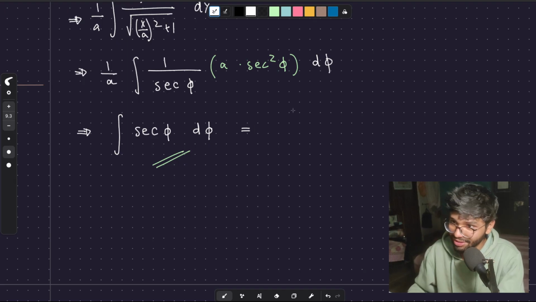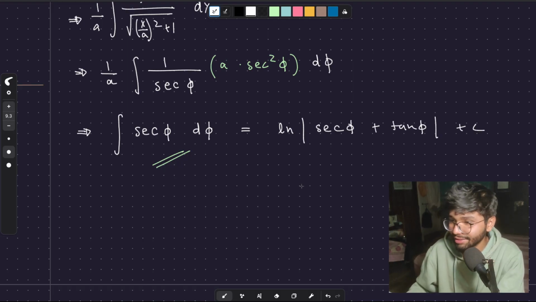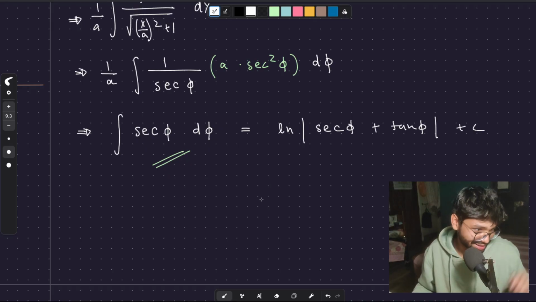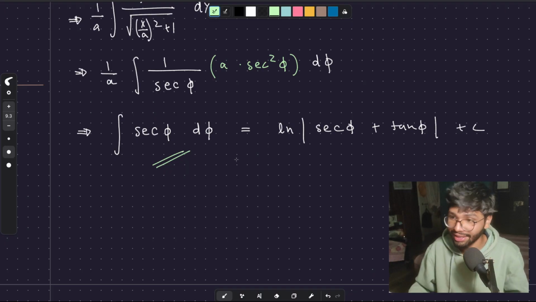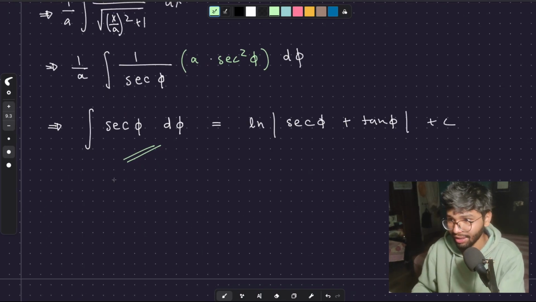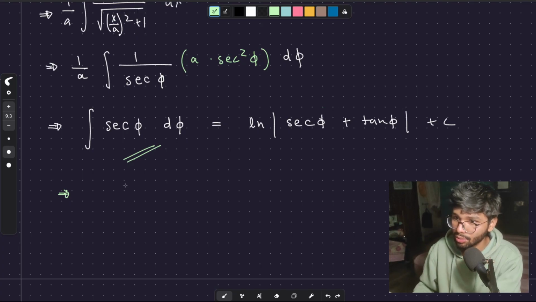Again, let me tell you, this is just going to be natural log of secant phi plus tangent of phi. That's it. This is it. Okay, this is just as simple as it goes. This is the integral of this integrand. Okay, so we can substitute it back for the secant and the tangent. We know what the secant and tangent are from the previous derivation, so we're just going to do that.